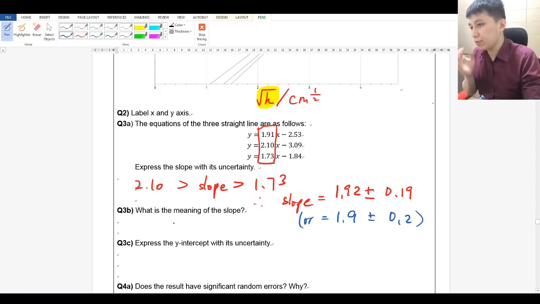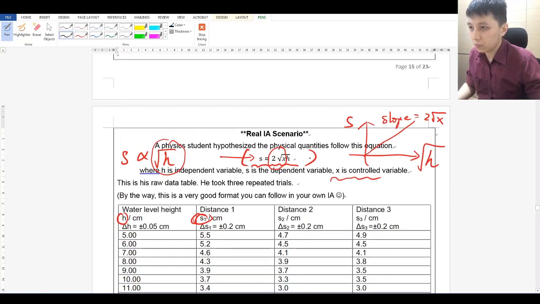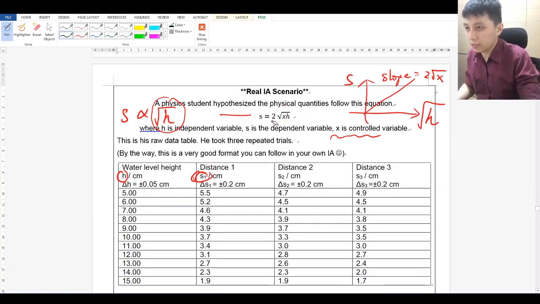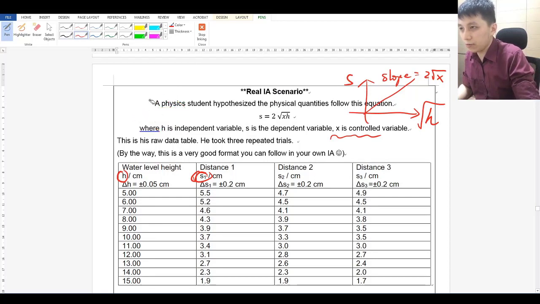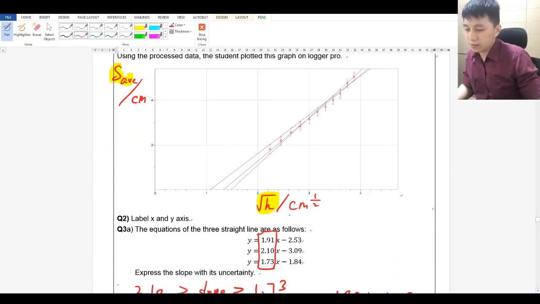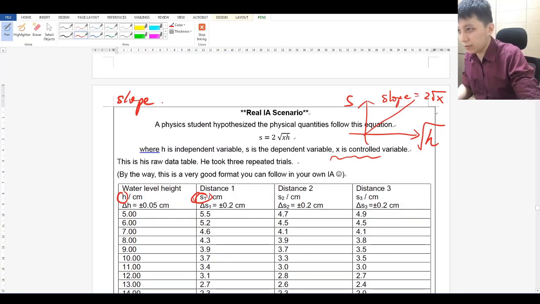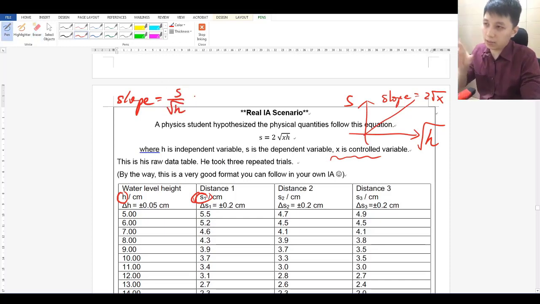3B is asking you the meaning of the slope. Once again, go back to the equation. Let me erase this, and let's just try to think about it again. Since what we do now is to find out the slope, in the graph of s against root h, the slope would simply be s over root h, right? Physical meaning of this.